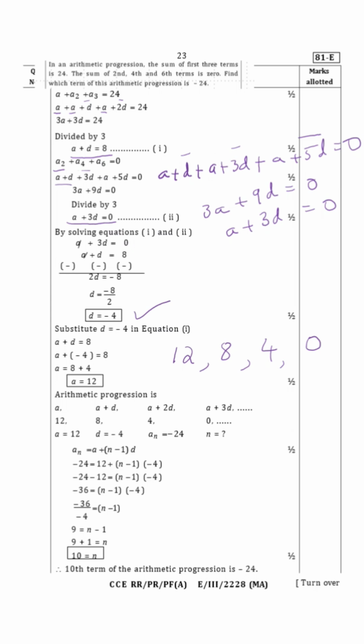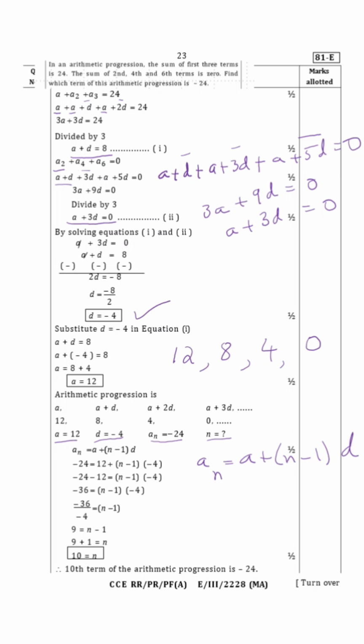Now which term of the progression is minus 24? They have asked. Here A is 12, D is minus 4, An is minus 24, N we have to find out. Let us substitute this in the formula. An is equal to A plus N minus 1 into D, this is a very important formula.